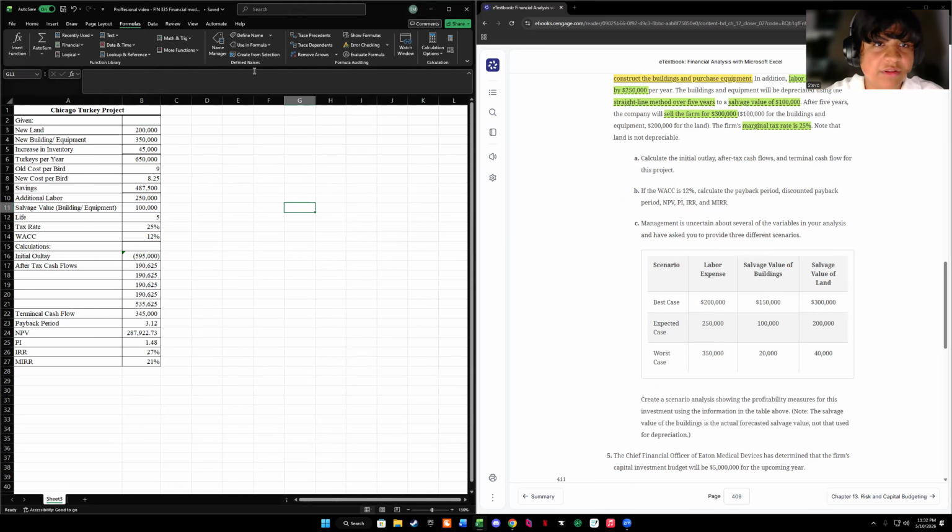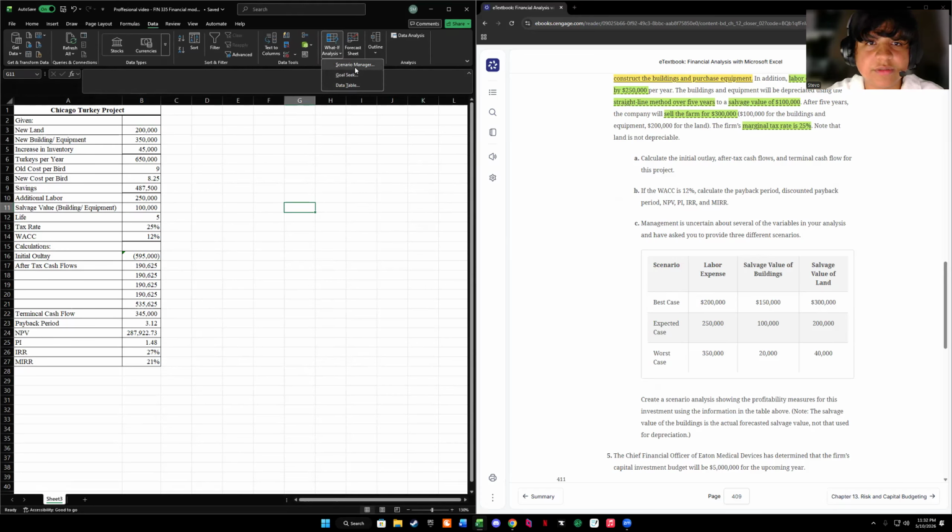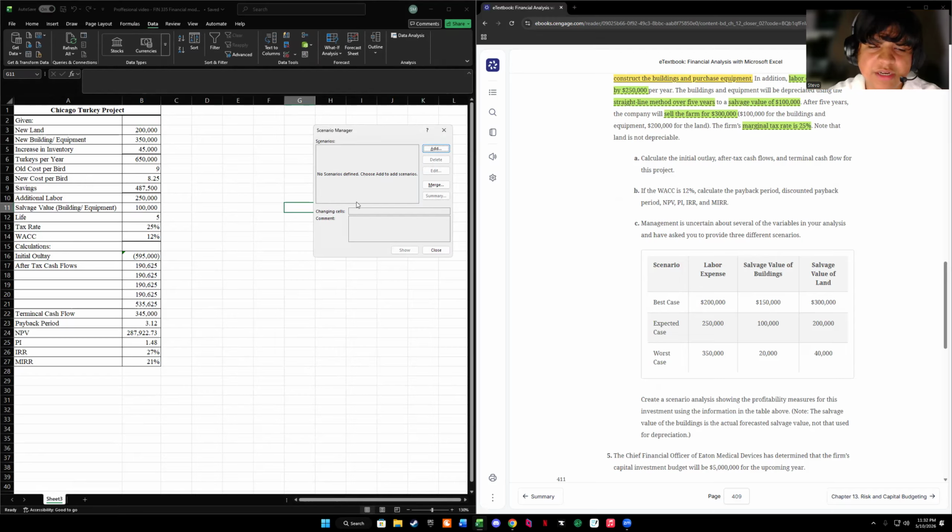Good. Now that we have all those things with names, it's going to be easier for us. So here's the scenario manager. This is where you create scenarios, and then when you click on them, you show them to see the differences in the different ratios and cash flows.